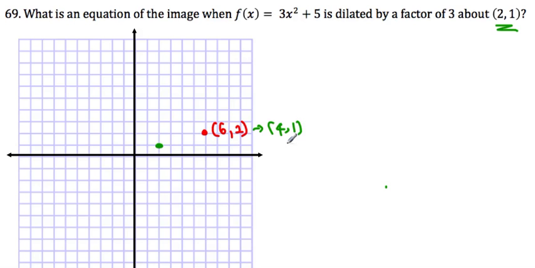Now, how does that happen? By translation of subtraction by 2 comma negative 1. That's basically what we end up getting. That's the first step. And then after we dilate this one by the factor of 3, this will become now 12 comma 3 based upon the green point.